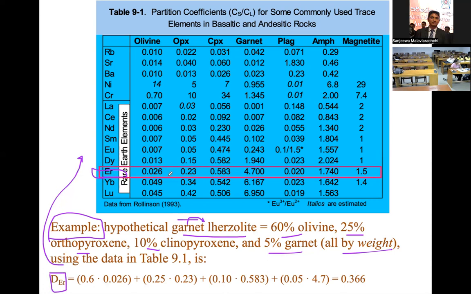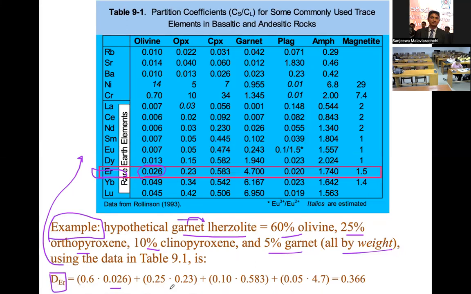So 60% of olivine you have. What is the olivine partition coefficient? Olivine here is 0.026. So you have 0.026 times its modal percentage, 60%, 0.6.